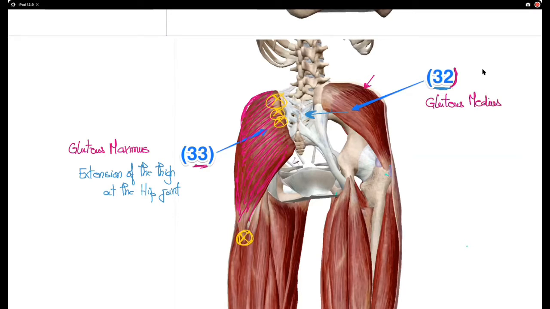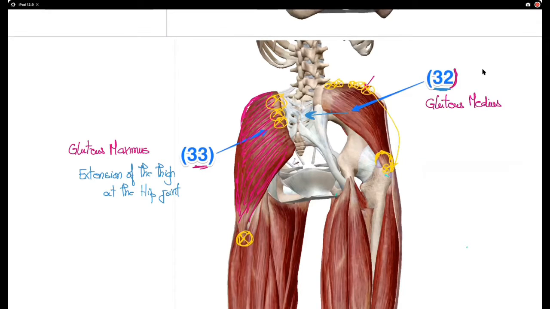And if you remember, the gluteus medius was getting its origin from the coxal bone, and it was inserted in the greater trochanter of the femur, on the outside of it at this point.